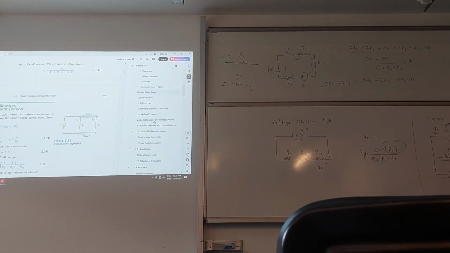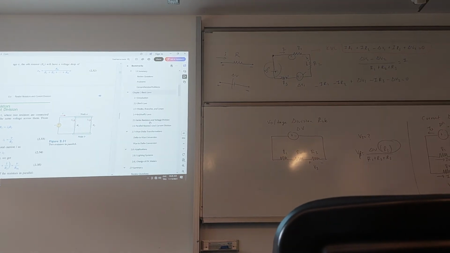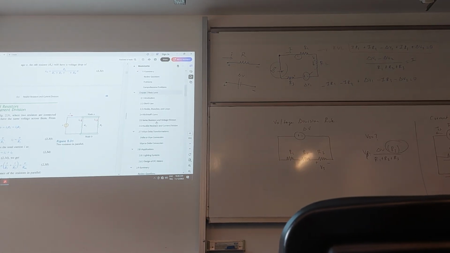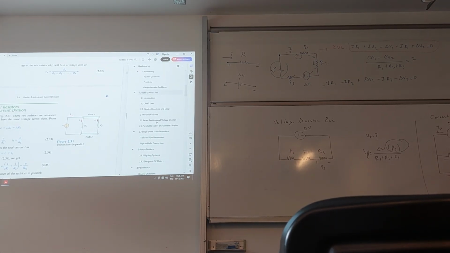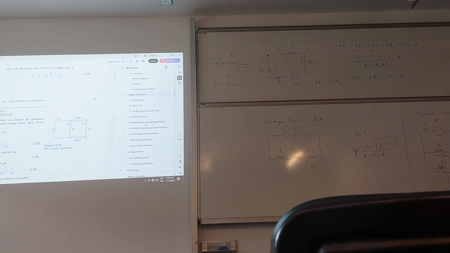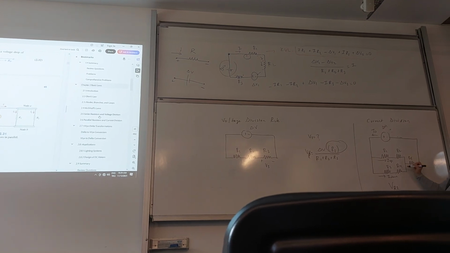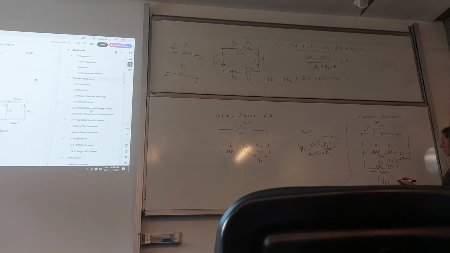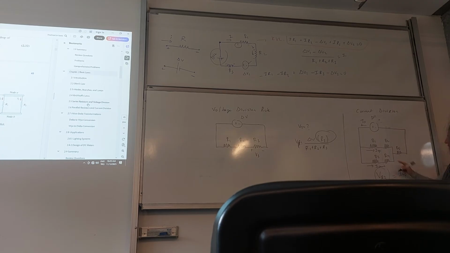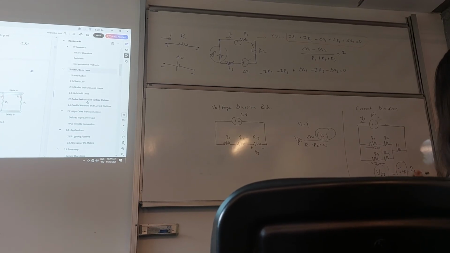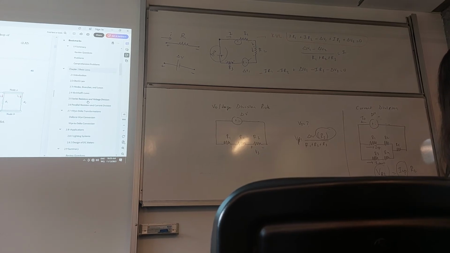Either you can understand, let's say, parallel and current division, not parallel. How a parallel connection, what kind of information a parallel connection gives you, what kind of information a series connection gives you, or by getting this, I know that it is just the current flowing through here and R2. And to get that value, I can just use the current division rule.